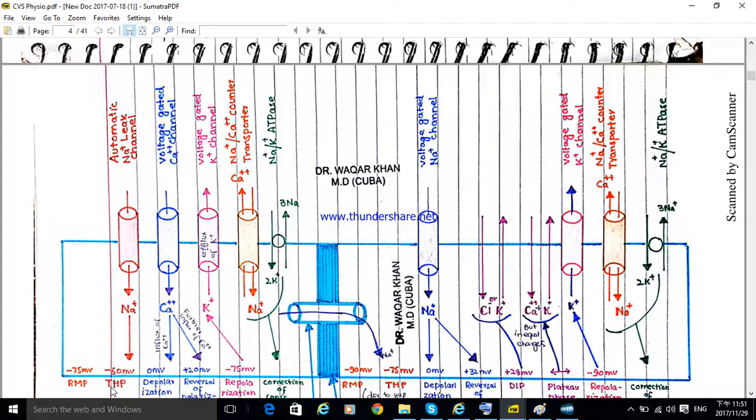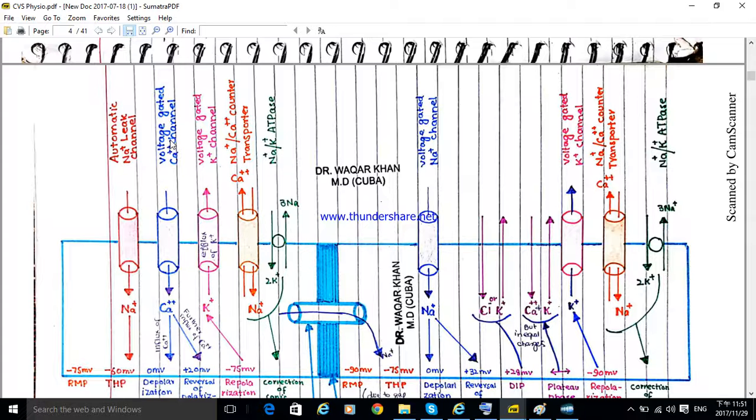Before this, we discussed a different threshold potential, but for this specific cell the threshold potential is minus 60 mV. At this voltage, there will be opening of the voltage gated calcium channel.